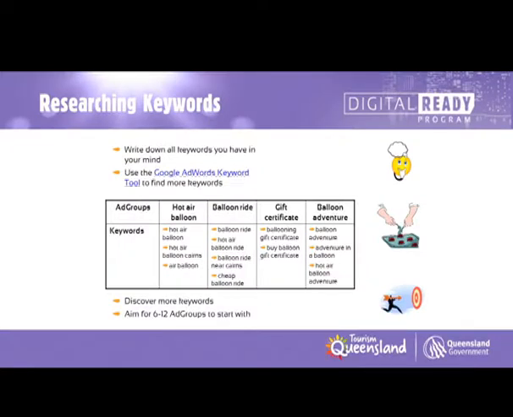Then I have people who search for balloon rides, so I put all my keywords that are very similar to balloon rides into one ad group, which is here. I know that there are a lot of people who are actually looking for a balloon gift certificate. So everything that belongs to a gift certificate or a voucher goes in here. And so on and so on.